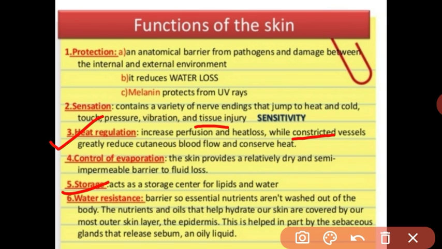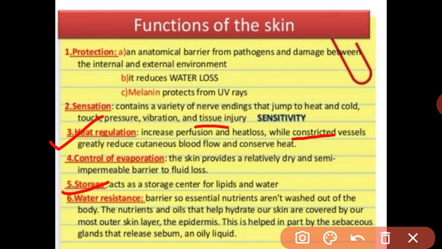Storage: underlying the skin there is adipose tissue, and this tissue stores food in the form of fat, and this fat is a shock absorbing layer. It also protects the internal organs. Got it? The storage and the water resistance.